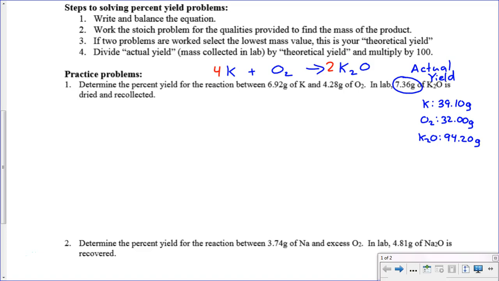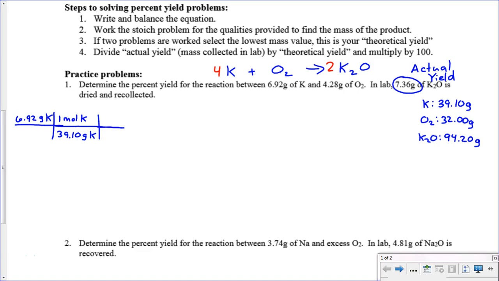For a limiting reactant problem, I'm just going to start with the amount of one of the reactants. We have 6.92 grams of potassium. Then I need to get out of grams of potassium and into moles of potassium, so I use the molar mass: there are 39.10 grams of potassium in 1 mole of potassium.